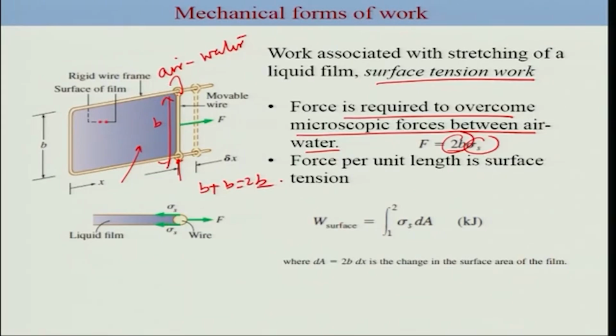So you can calculate the force, and calculate the work done completely when you change from this position to this position, that means from 1 to 2, by this expression here, where this is the surface tension and this is the area which you are changing, which is nothing but 2B multiplied by the displacement which you are causing by moving the wire from position 1 to position 2.